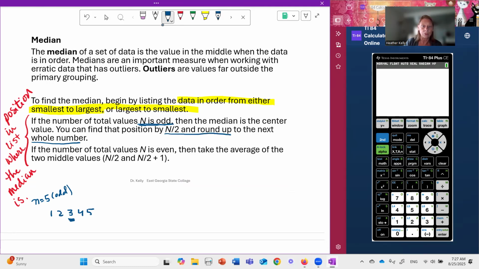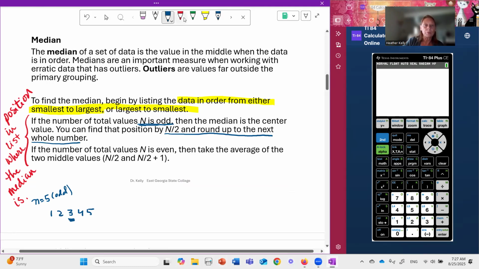So here we would say to find the position, 5 divided by 2, which is equal to 2.5, and we round that up no matter what. So this is going to be the third position. Now we'll go to the 1, 2, third position, and we can say that 3 is the median.